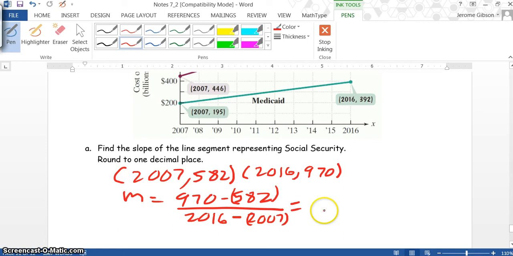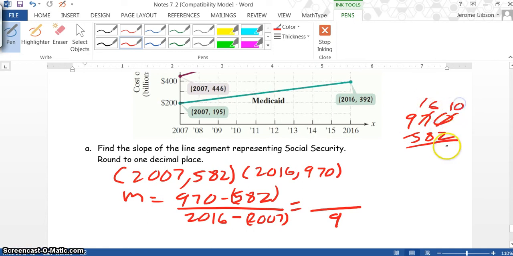So 2016 minus 2007 is 9. 970 minus 582, we can go off to the side here, will give us 388.